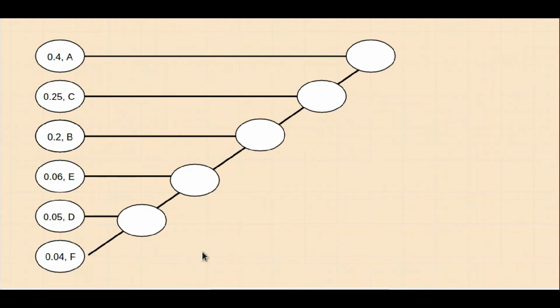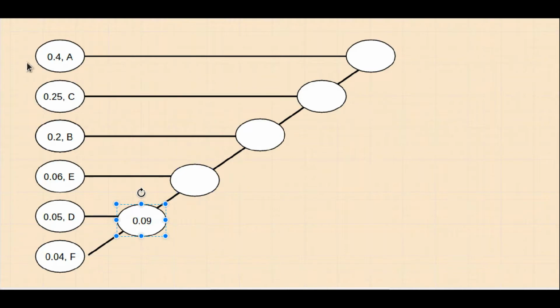So to create the tree, you take the 2 lowest frequencies, in this case D and F, and you create another node with their sum, which is 0.09. And this new node, 0.09, holds these 2 smaller nodes.